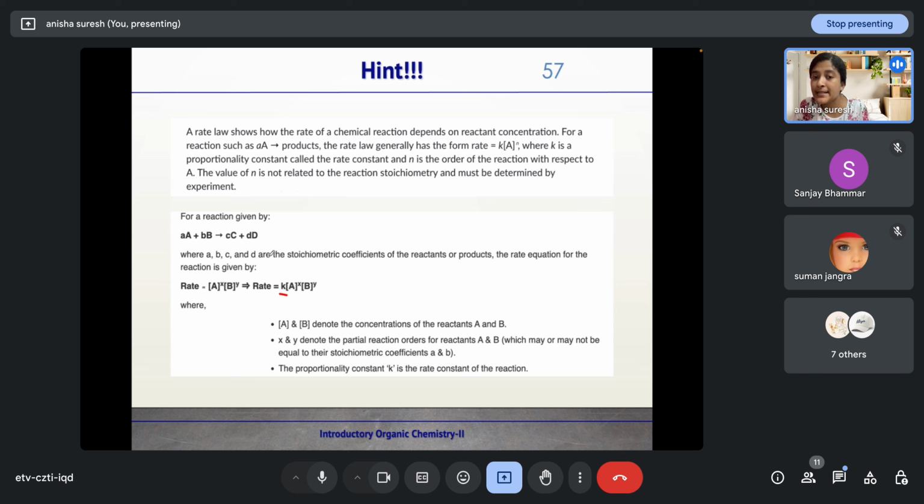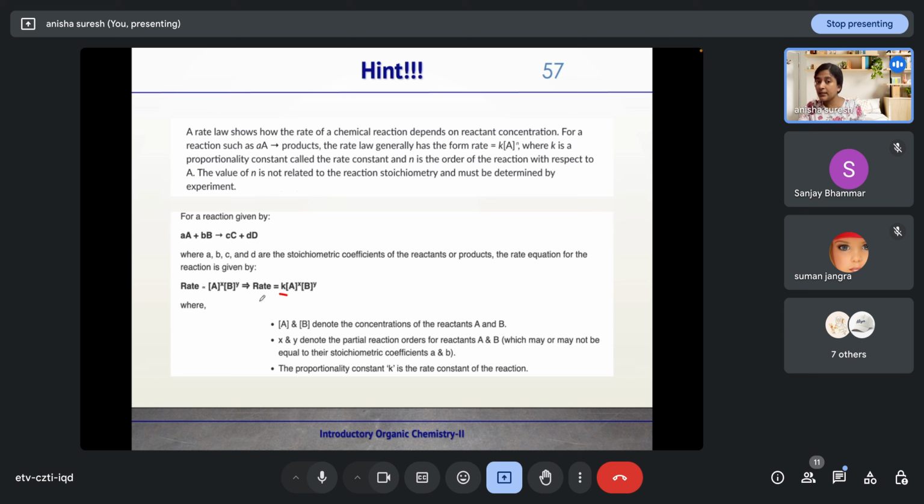So here a, b, c are stoichiometric coefficients, and we should consider this x and y. They will be partial reaction orders for the reactants A and B, which can be equal to or different from the stoichiometric coefficients a and b. It will be experimentally determined. And the proportionality constant k is the rate constant of the reaction.